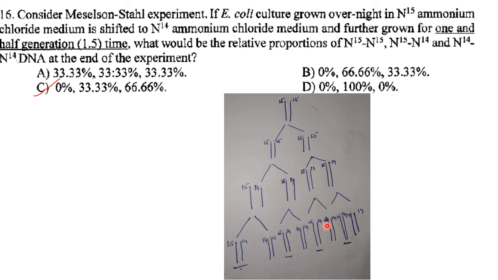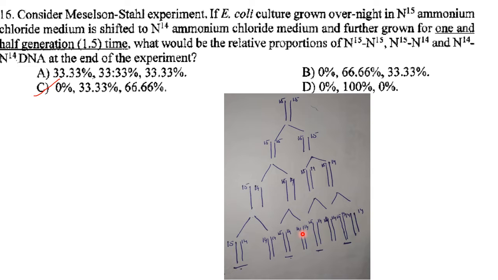By seeing this, you will see that there is no N15, N15 hybrid, so that will be 0%. Now, which is the maximum one? N14, N14 is the maximum one. So that will have more proportion.